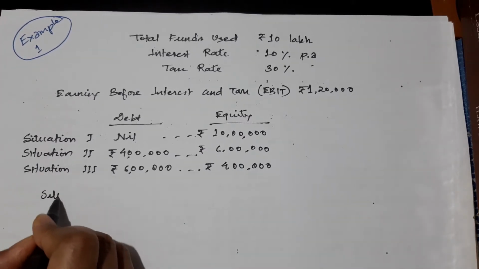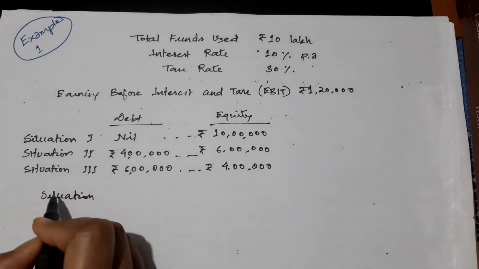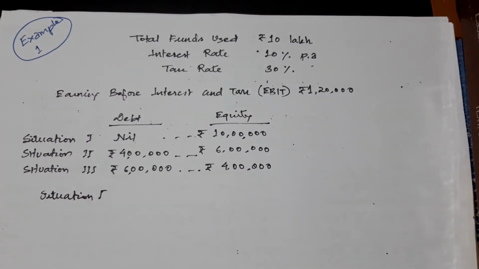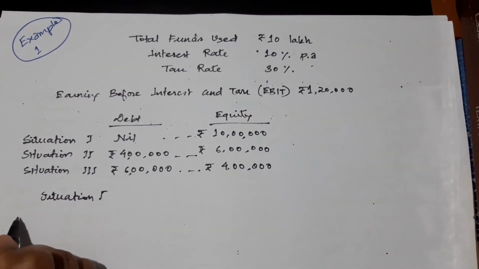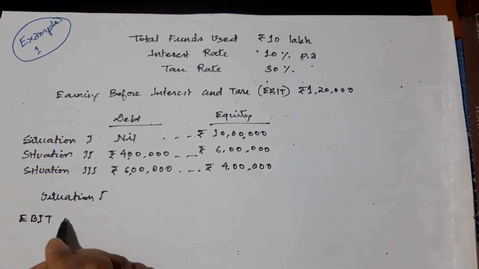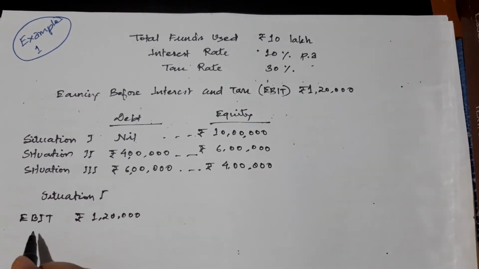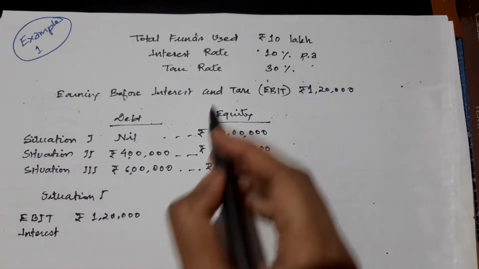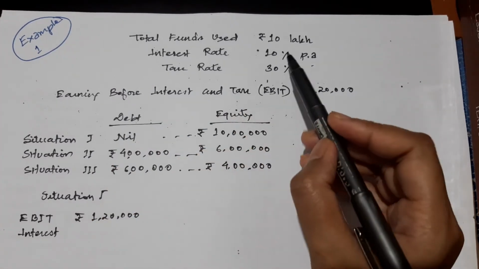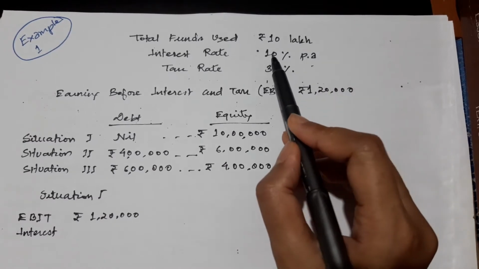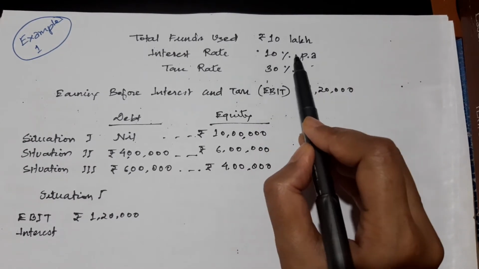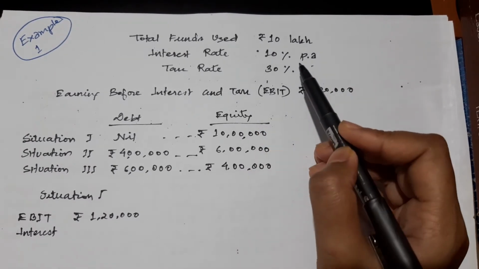In the first situation, our earning before interest and tax was rupees 1,20,000. Now from here you have to deduct the amount of interest. For calculating the amount of interest, you need to take this percentage rate of interest, 10%. On what amount will you calculate this?